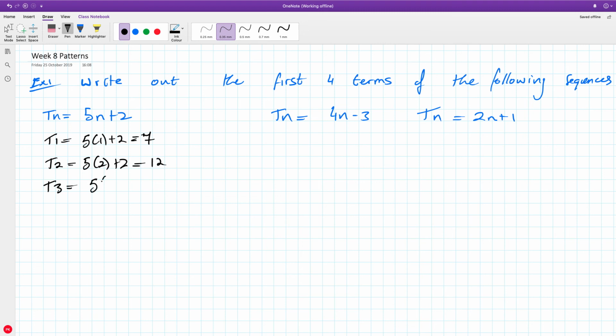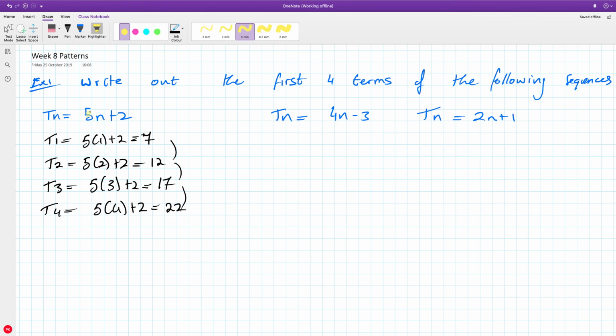T3, 5 times 3 plus 2, which is 17. T4, which is 5 times 4 plus 2, which is 22. So we can see each time it's gone up by 5, can we? It's gone up by 5. That's why it's 5n.